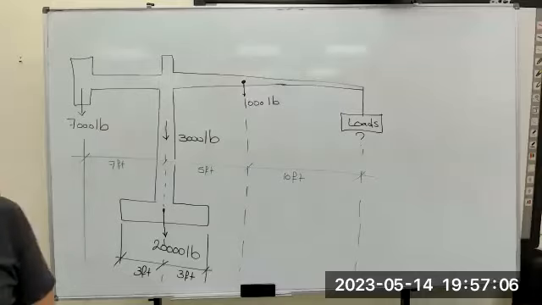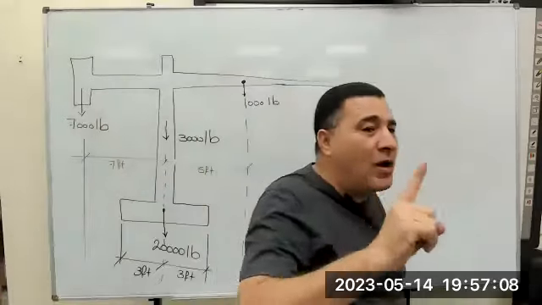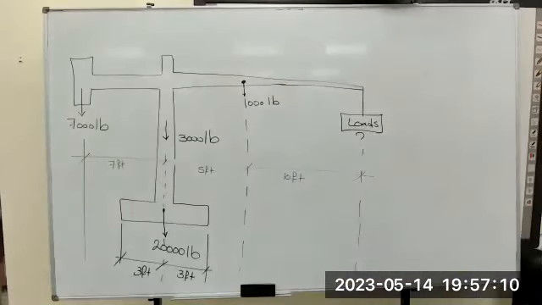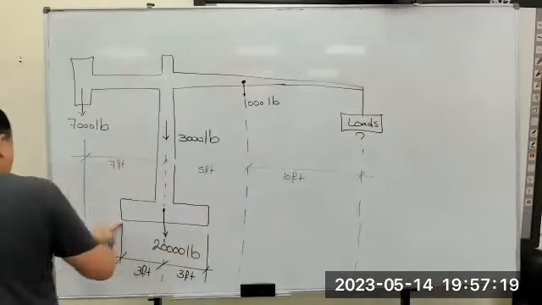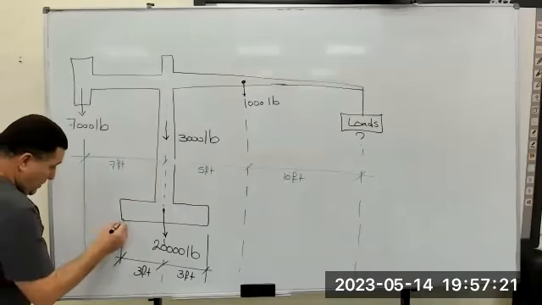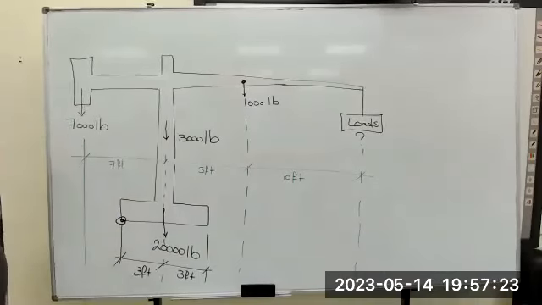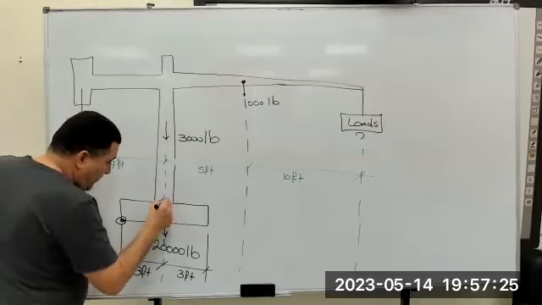So where is the point? We say the sigma moment at this point should be 0. From this equation we will find the load. The overturning point is here, this point, or this point.